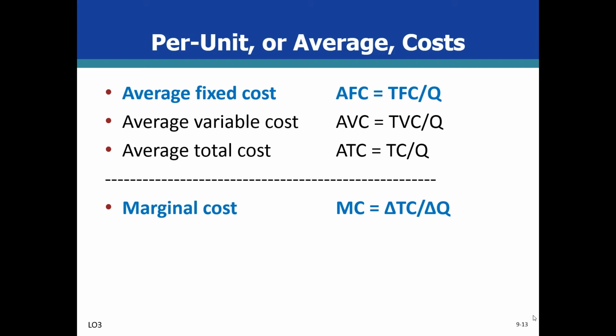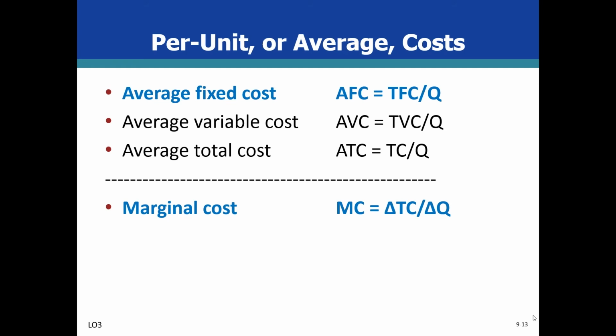Marginal cost is just like marginal product. Marginal cost represents the incremental change in total cost divided by the incremental change in quantity. In a few charts, we will see the relationship between marginal cost and marginal product.